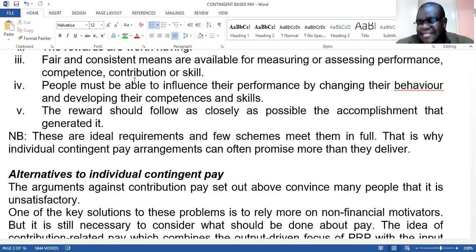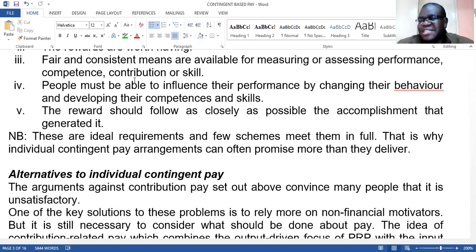If it is skills you want to reward for, it should be possible for the individual to go back for training, acquire additional skills for which they will be compensated. And number 5, we are looking at a situation where the rewards should come as close as possible to the accomplishments set.